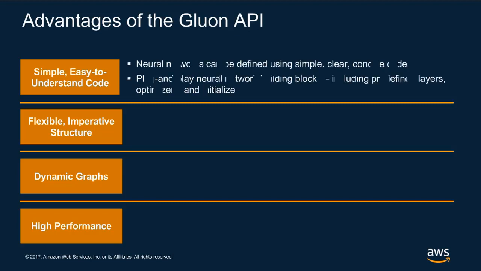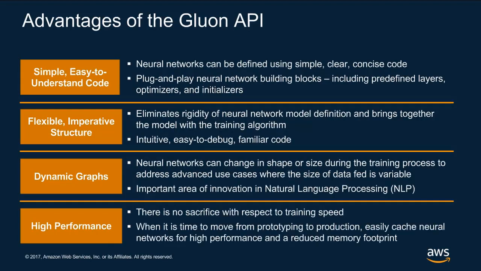So quickly, I just wanted to go over the different aspects in one more layer of depth. The simple, easy to understand code provides simple, clear, and concise code that you can leverage to define your neural networks. They're essentially plug and play building blocks.